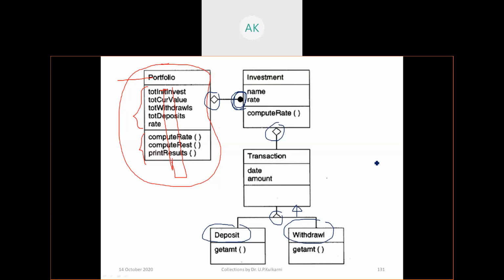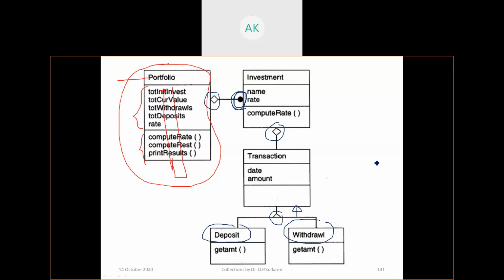Look at that. There are many portfolios in the given organization, right? Every portfolio does certain computing, computes results, whatever is there. This portfolio is made up of a collection of investments. Every investment has a name and every investment has a rate. You have to compute the rate and store it in the rate. This investment has mainly two types of transaction.